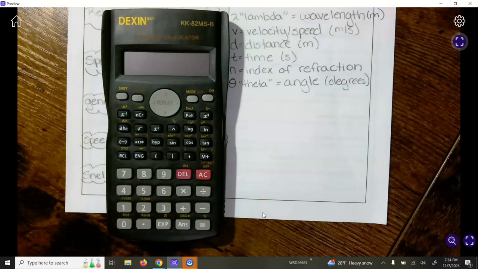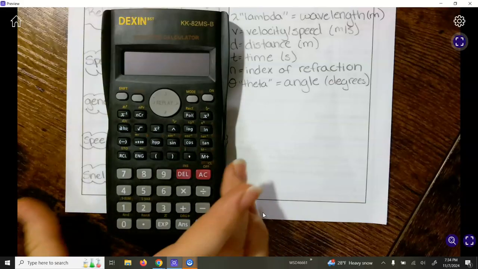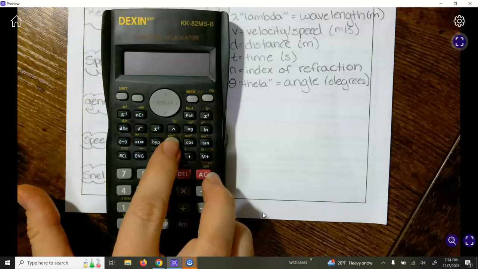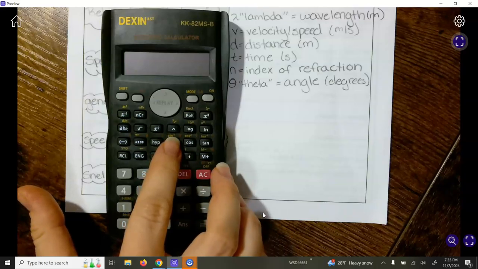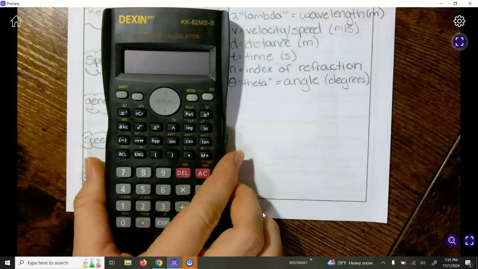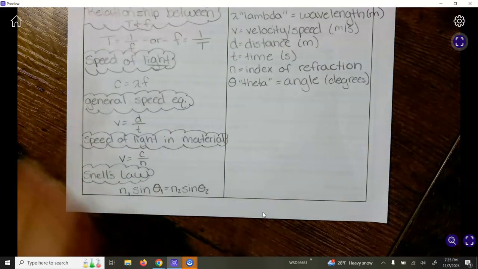But I do want to point out that you're going to need to do something called inverse sine. If you can see it right above my fingernail, it's sine with a -1 exponent up there. Sine to the -1 power is the inverse sine, and that's how you find theta when you're trying to find the angle.